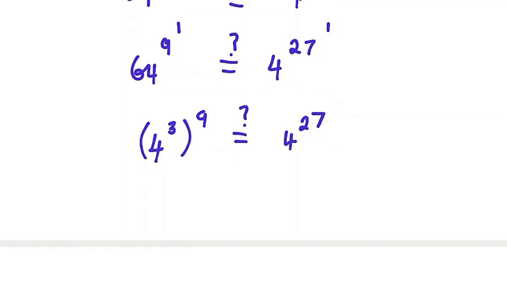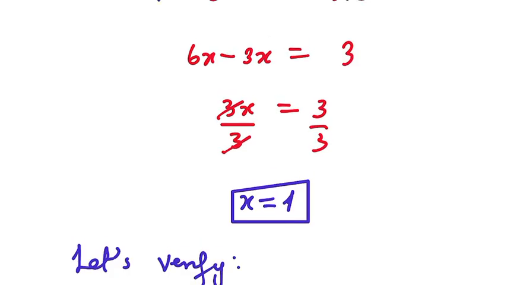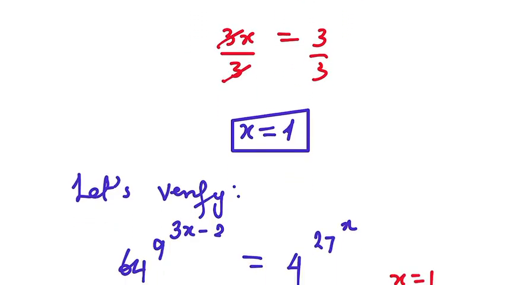Okay, so now from the law of indices, this will multiply. Then we're going to have 3 times 9 to be 27. Then we have 4 to the power of 27 equals 4 to the power of 27. So you can see that we have the two sides of the equation the same. So that is to say x equals 1 is the valid solution to the problem.